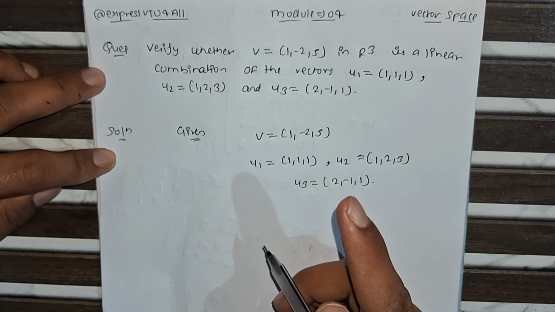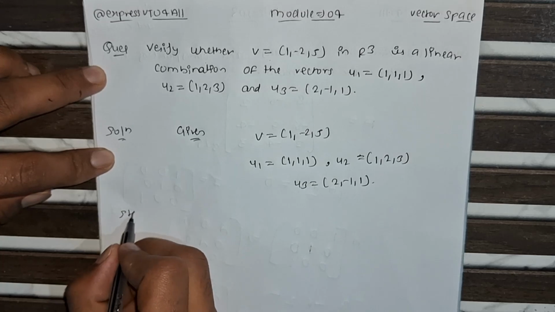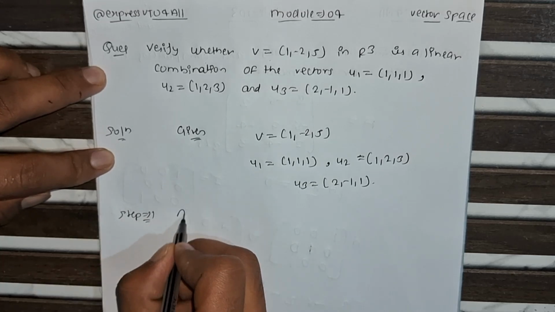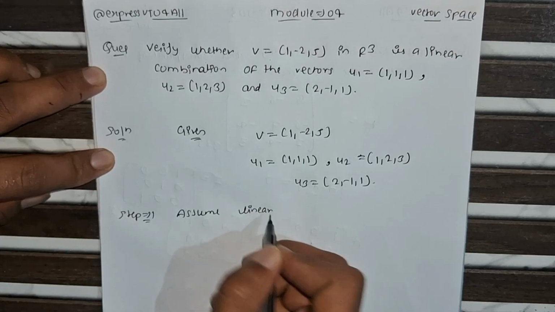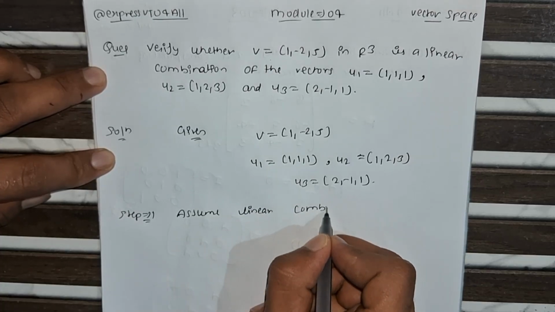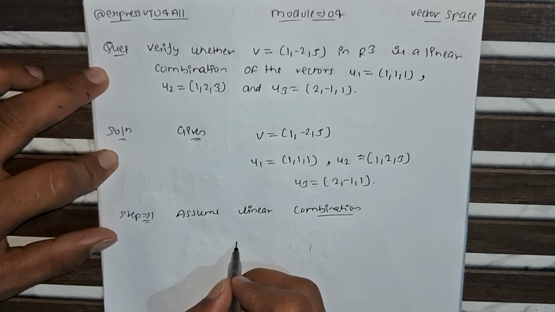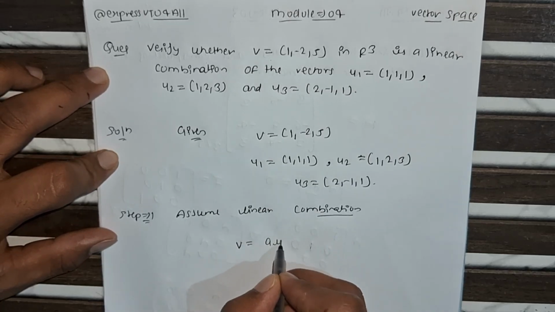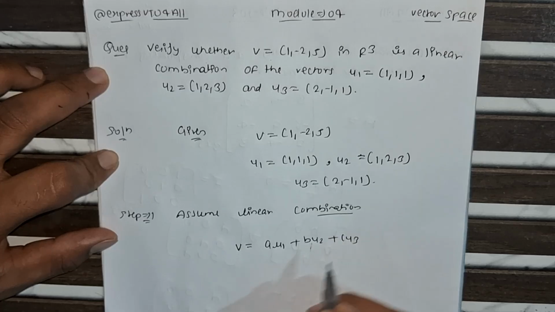So what is our first step? Step 1 is assume linear combination. So v equals a times u1 plus b times u2 plus c times u3.